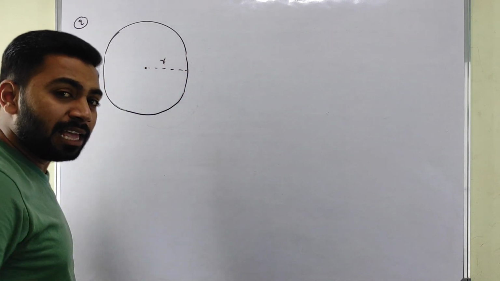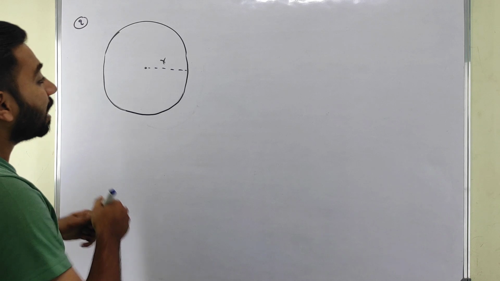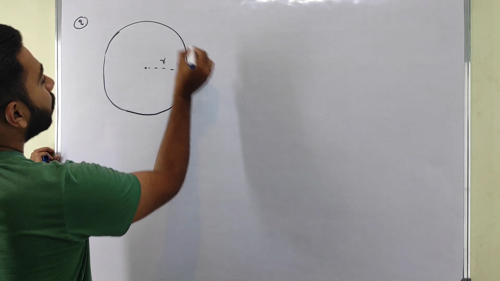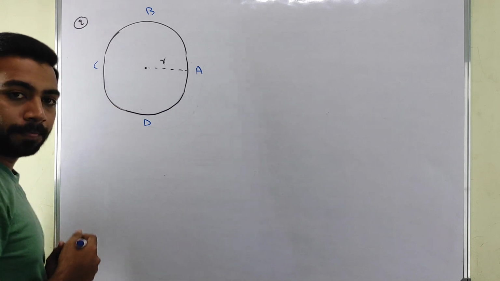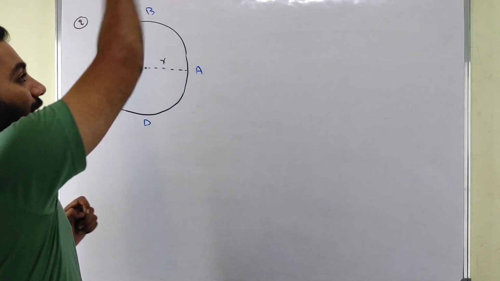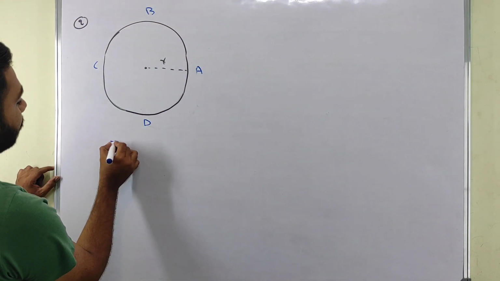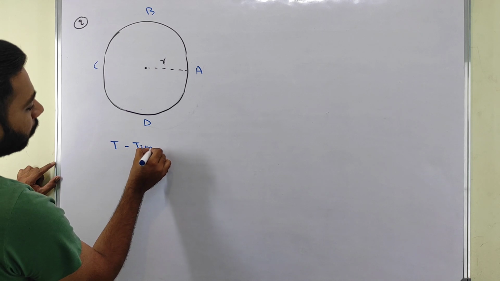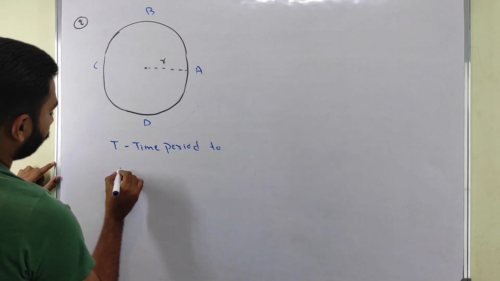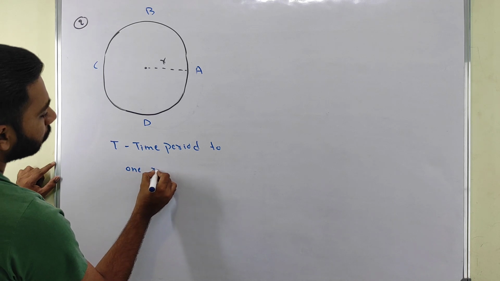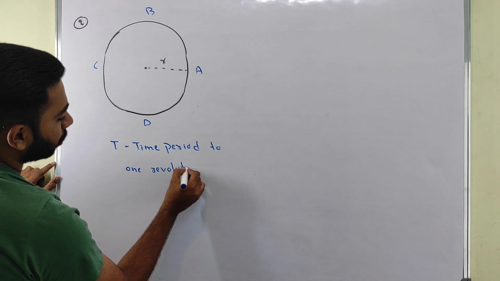Now say there is one particle which started moving from A to B to C to D, and it took overall time T, the time period for 1 revolution.